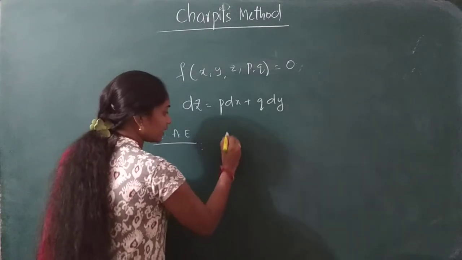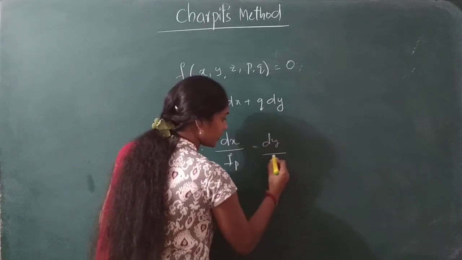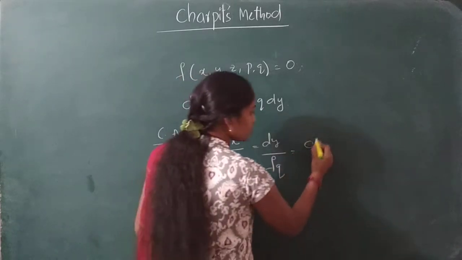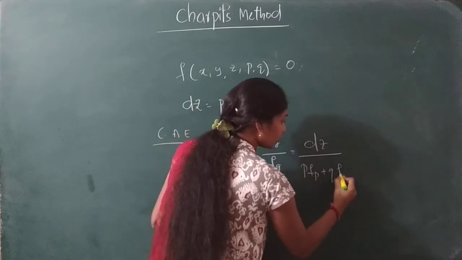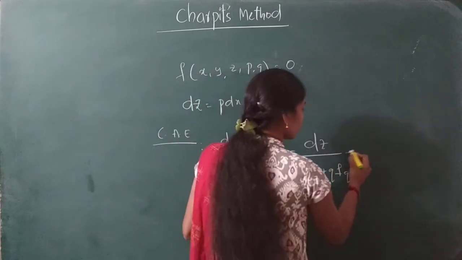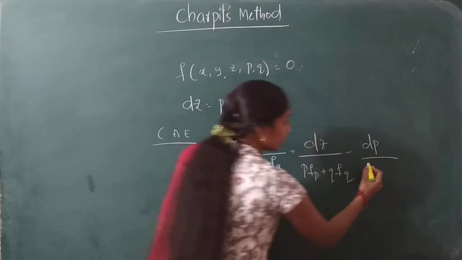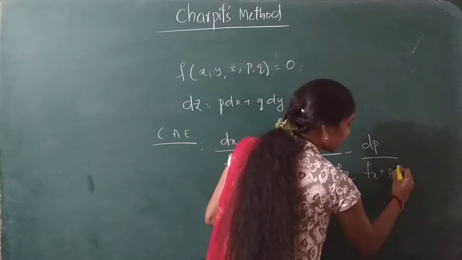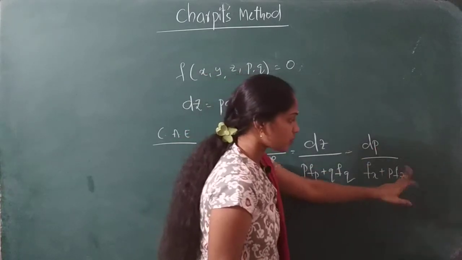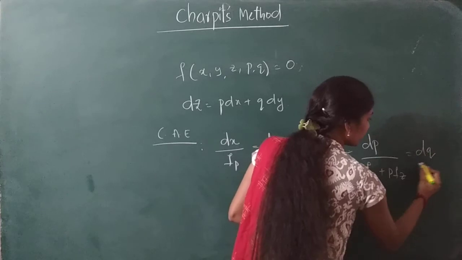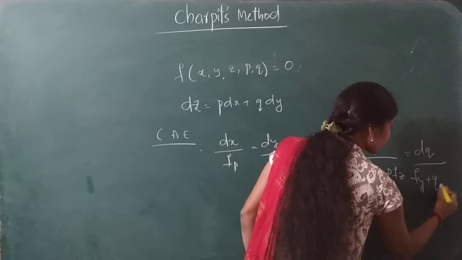It is dx by fp is equal to dy by fq is equal to dz by p fp plus q fq is equal to dp by minus of fx plus p fz, is equal to dq by minus of fy plus q fz.